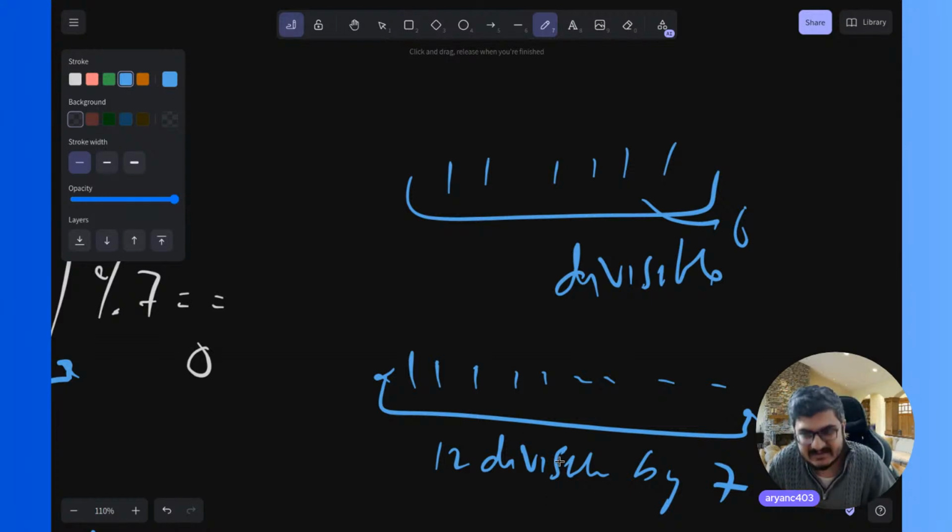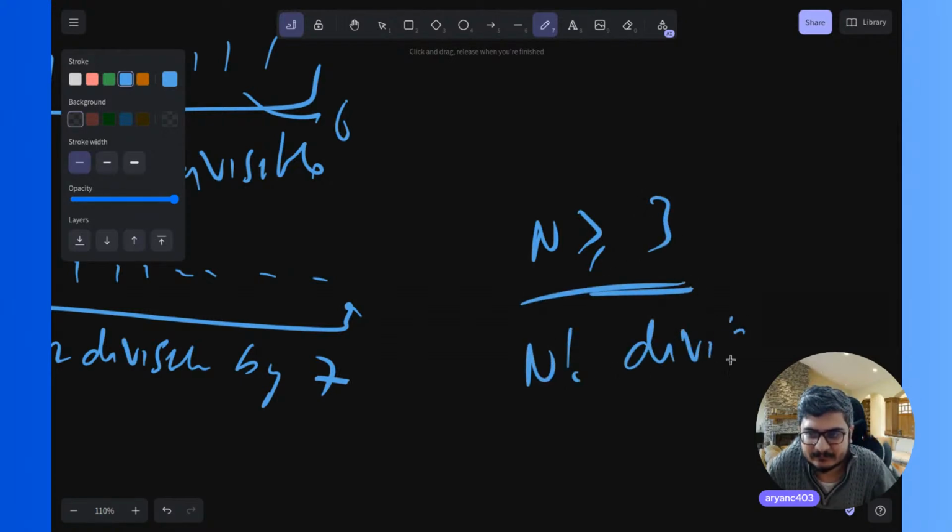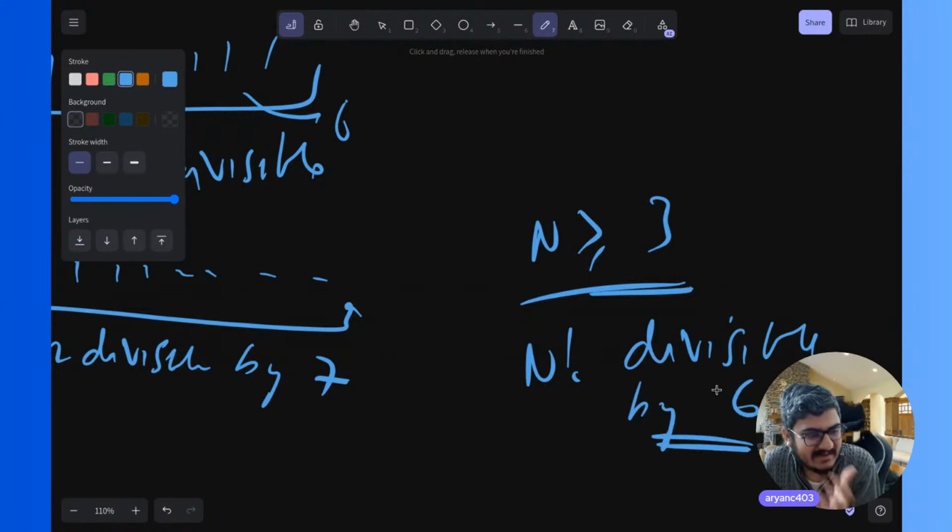And whenever n is greater than or equal to 3, n factorial is divisible by 6, and that's why we can just print yes for 7. If n is 2 or 1, then we should look at the value of d to find whether it's divisible by 7 or not. For example, if d is 7 and 1, then we should just print 1 and 7.